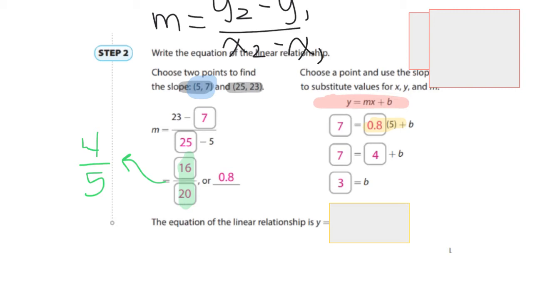Consequently, when they had to write the equation, they wrote it down incorrectly. They actually put the intercept here and the slope here, so it would be incorrect. Ladies and gentlemen, you should have this memorized. And if you don't have it memorized, you should take the time to look it up to know what the equation should look like. It just takes a moment and you'd get all your points.